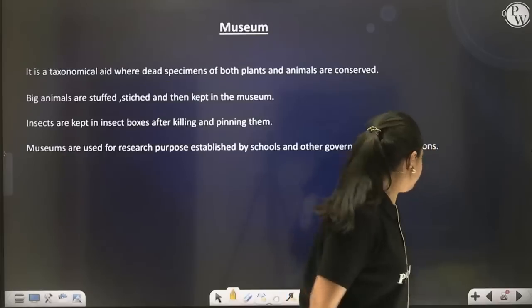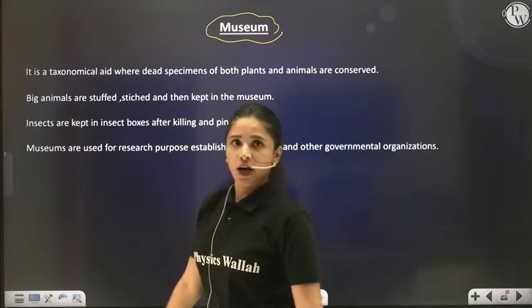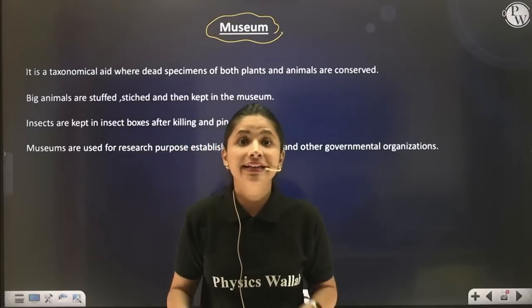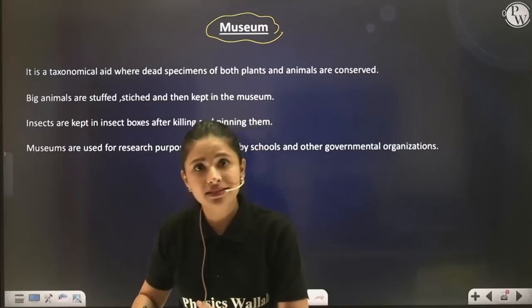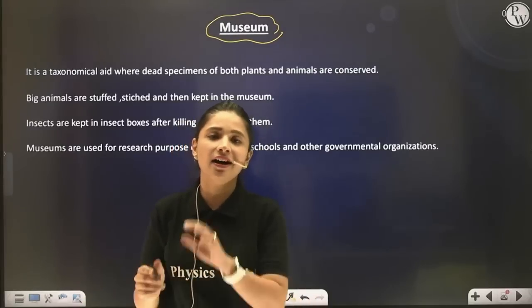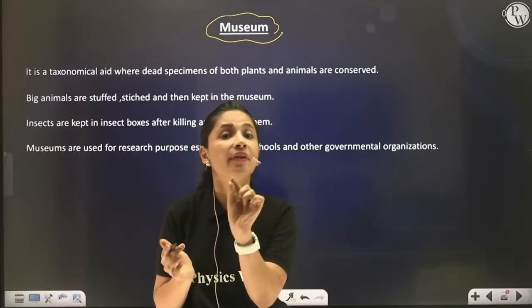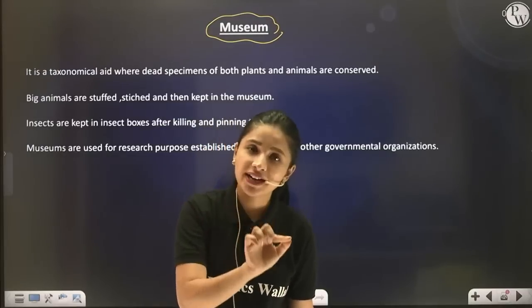Moving ahead, museum. Now, museum is also a taxonomical aid where dead plants as well as animals are preserved, not conserved. Why? Because in a museum you don't find living specimens, you find dead specimens.